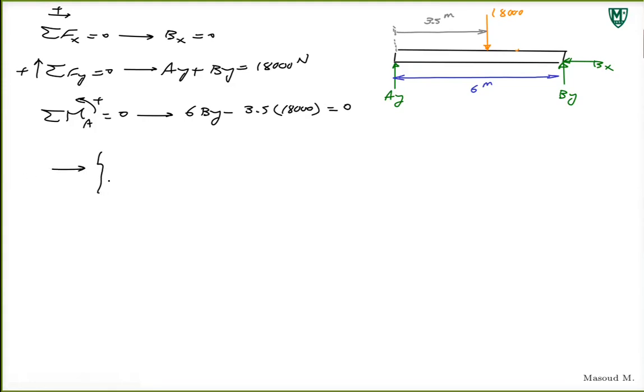From there, you can get your By and your Ay. You'll get By as 10,500 Newton and Ay as 7,500 Newton.